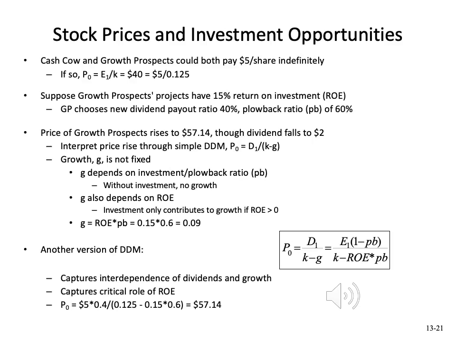So E1 times 1 minus the plowback ratio, which is the dividend payout ratio, right? So the dividend payout ratio is 1 minus the plowback ratio, divided by K minus G. Now G is calculated as return on equity times the plowback ratio.